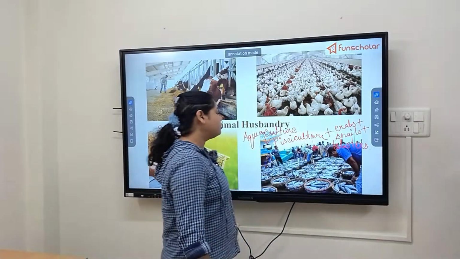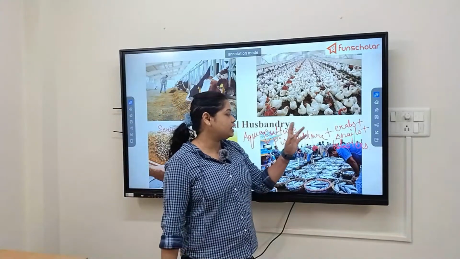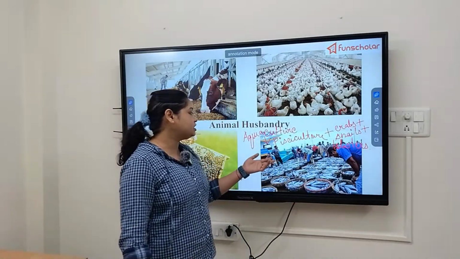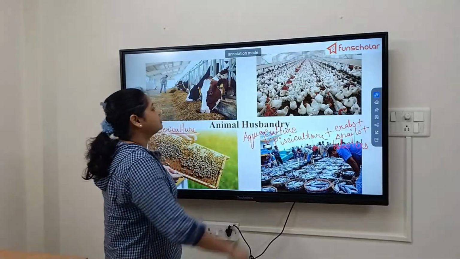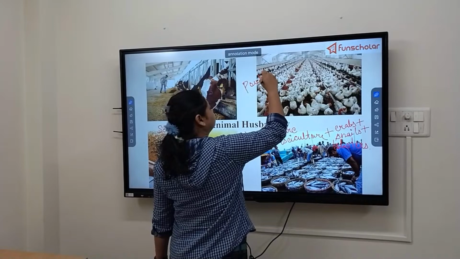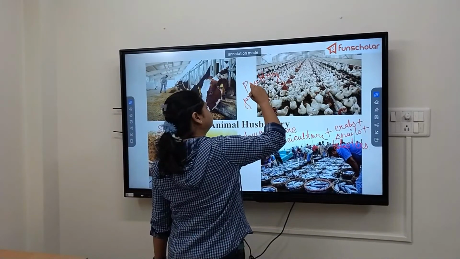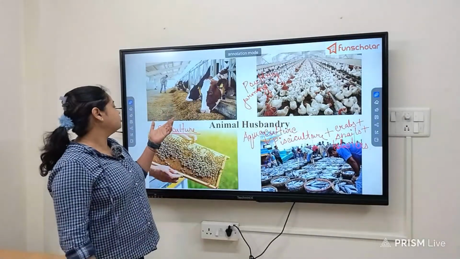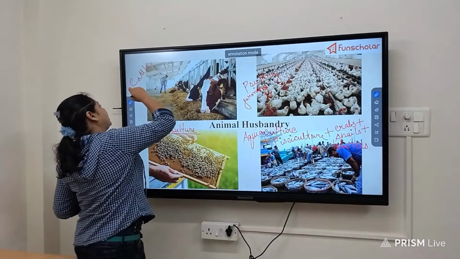So, aquaculture is a broad umbrella term which includes pisciculture plus rearing of crabs, snails, lobsters, all these things, and pisciculture particularly relates to the rearing of fish. And this is known as poultry farming. And in case of the cows, this is cattle rearing.